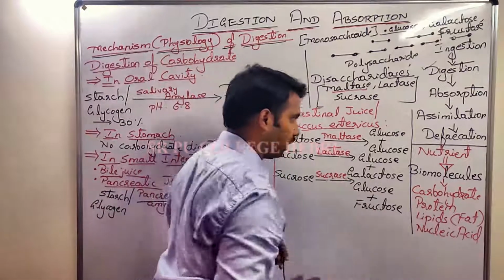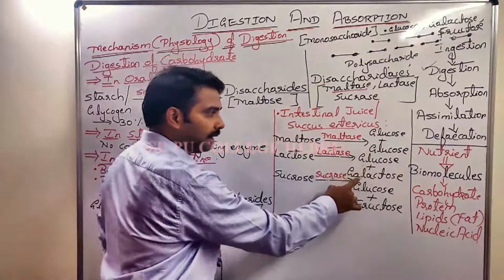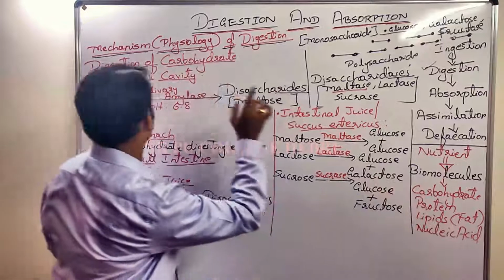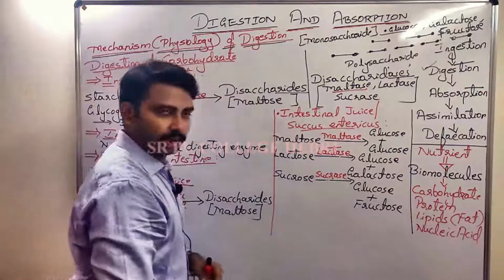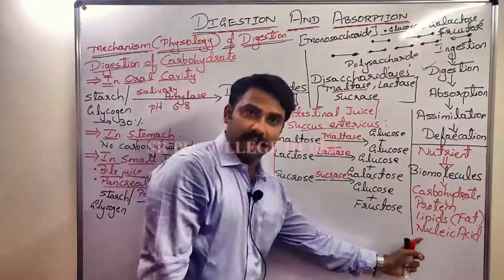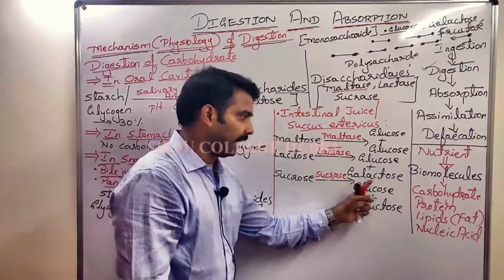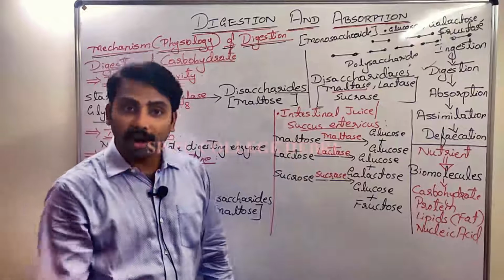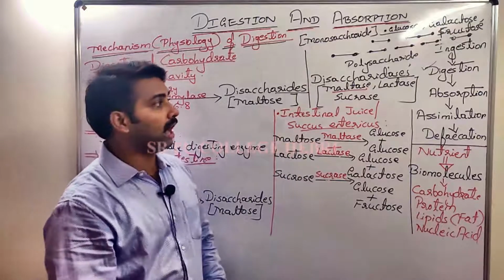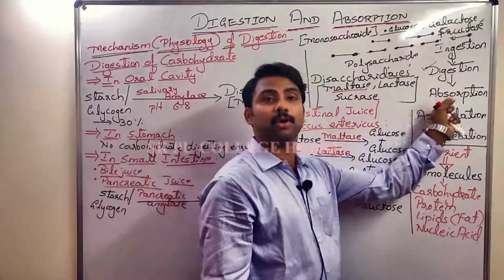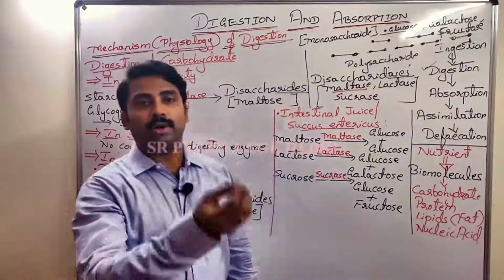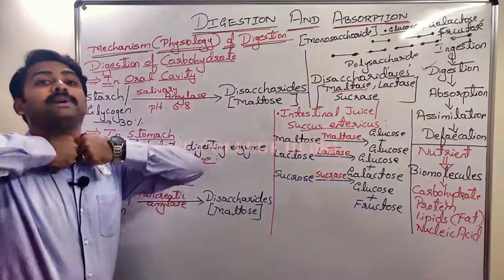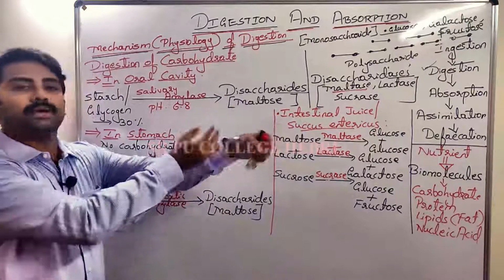The last line you have to write: glucose, galactose, fructose are the end products of carbohydrate digestion. Dear students, what is the last line? Glucose, galactose, fructose are the end products of carbohydrate digestion, which are ready for the next step called absorption. When you eat polysaccharide like starch, it cannot be directly absorbed and given to my cells.